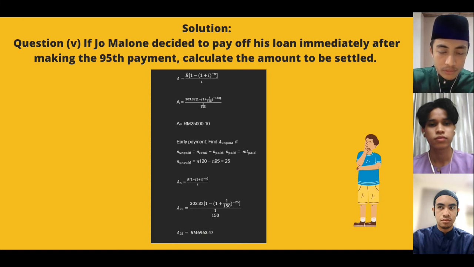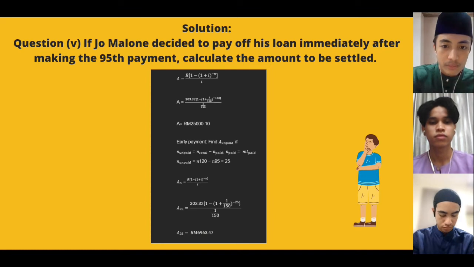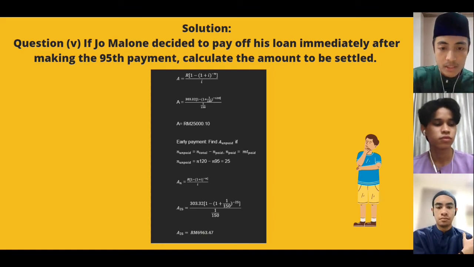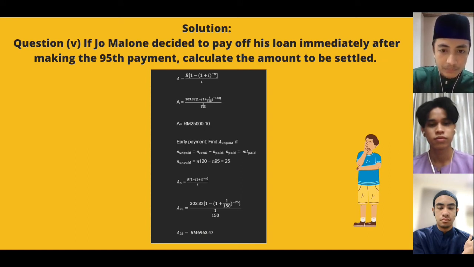We put all the numbers into the formula, which is A equals 303.32, bracket 1 minus 1 plus 1 per 150, to the power of bracket negative 120, divided by 1 per 150. We press the calculator and we have the answer, which is A equals 25,010.